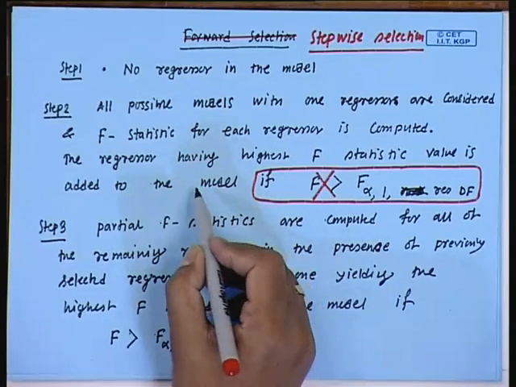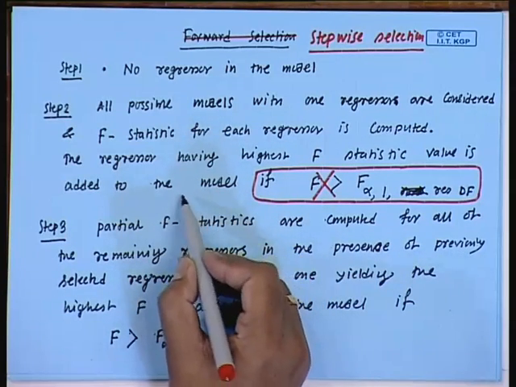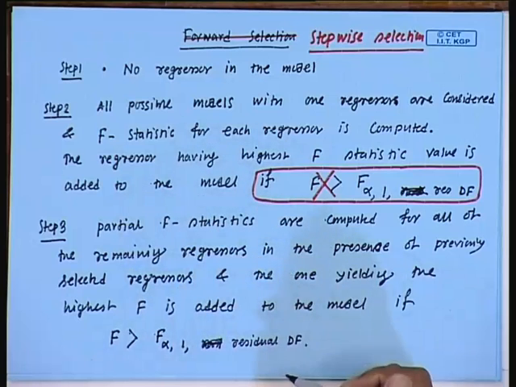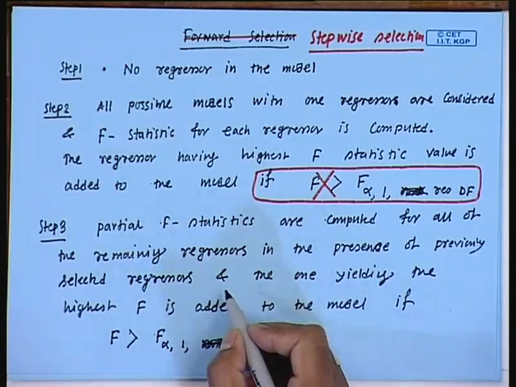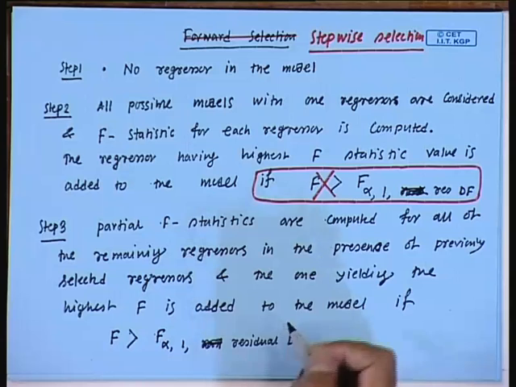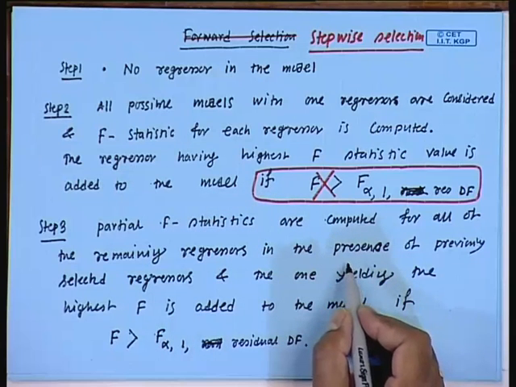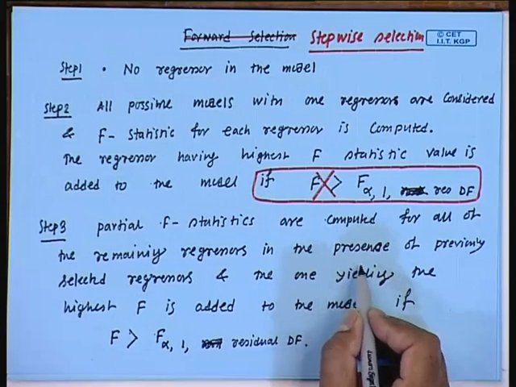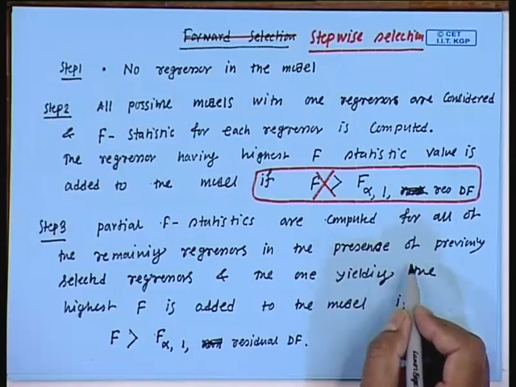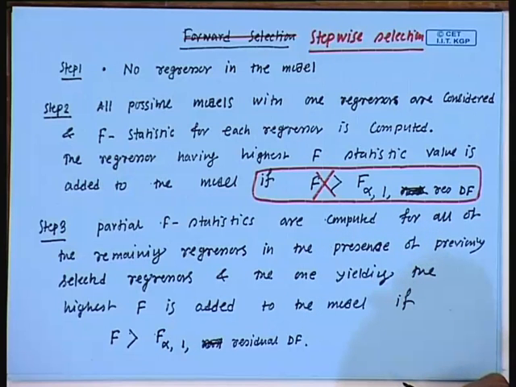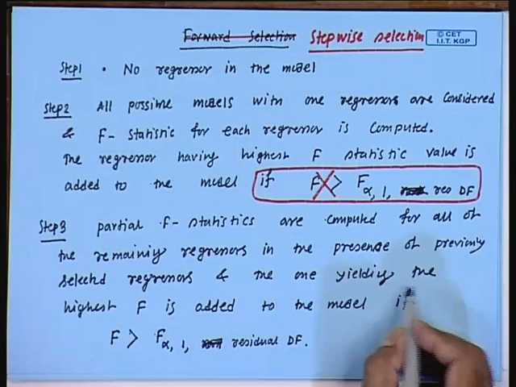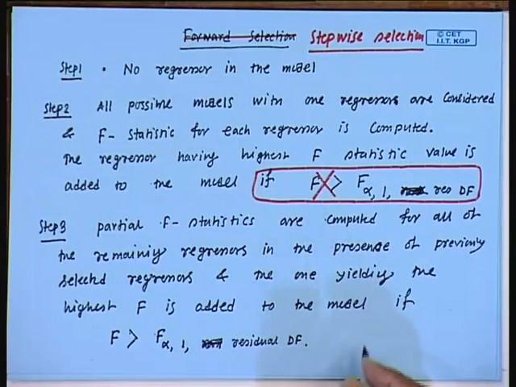Let me recall the previous example. x4 was included first, and then you compute the partial F statistic for x1 in the presence of x4, for x2 in the presence of x4, and for x3 in the presence of x4. And the one yielding the highest F is added to the model if the F is greater than the tabulated value.